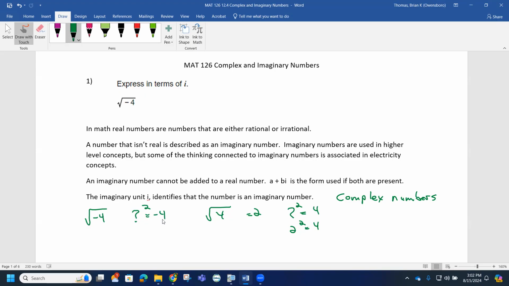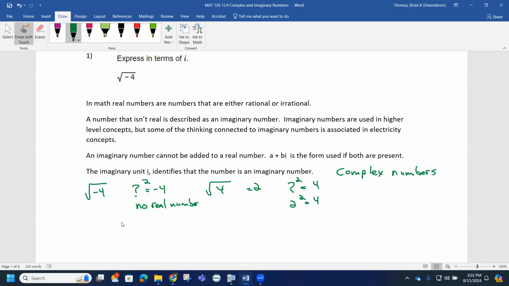Well, there is no real number that does that. You can't square a real number and get a negative 4, because if you square any number, it's always a positive number. A negative times a negative is also a positive. So there is no real number for this.